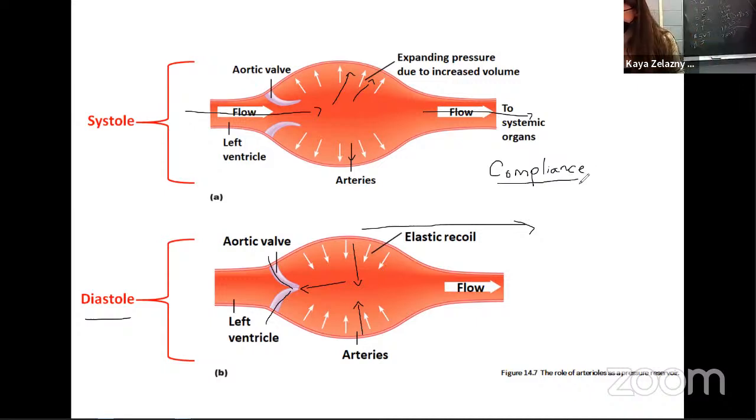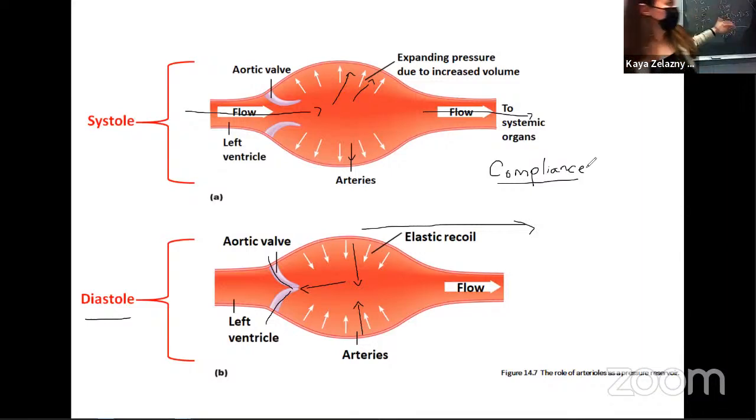So what is compliance? If we call something highly compliant, what we mean is that it can fill with volume without creating a big change in pressure. So we think about something that easily expands, but doesn't have to be stretchy.